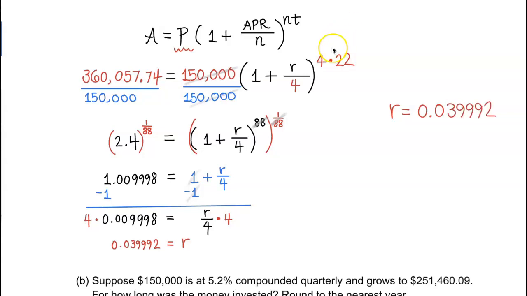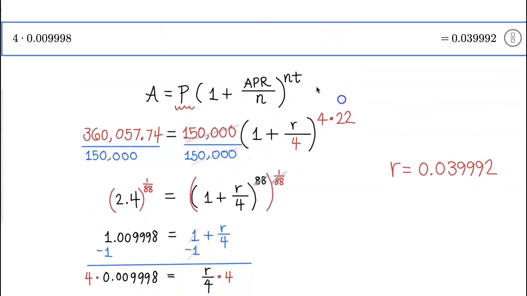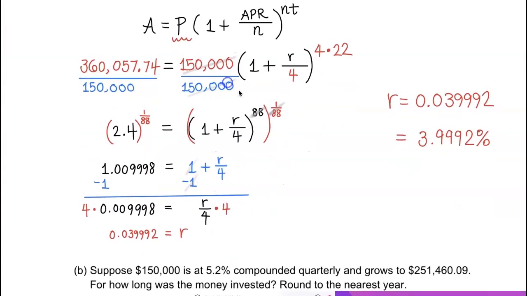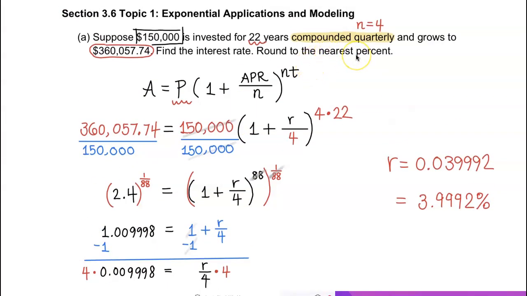If you want to convert it into a percent, we're going to multiply this by 100. What I get is 3.9992%. If they want us to round this to the nearest percent, we're going to say this is equal to 4%. So the final answer is 4%.